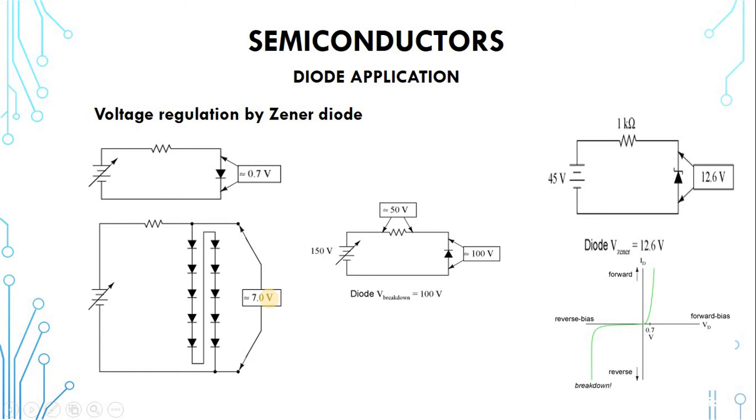So the question is, what about if you need about 70 volts? It means that you need about 100 diodes in series, and that will make your circuit very bulky.